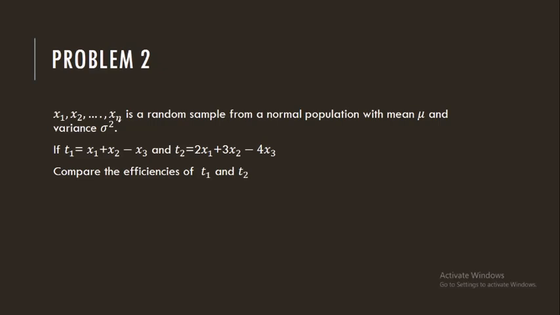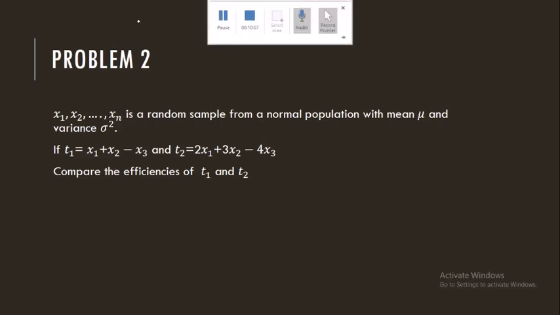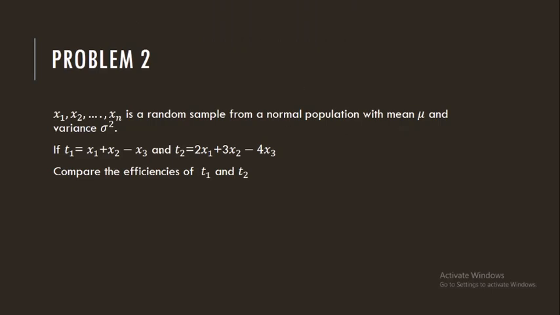Here x1, x2, etc. xn is a random sample from a normal population with mean mu and variance sigma square. Now the statistics given here are T1 equal to x1 plus x2 minus x3, and T2 equal to 2x1 plus 3x2 minus 4x3.